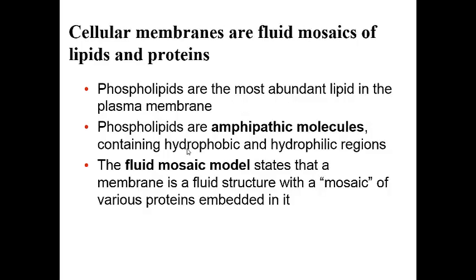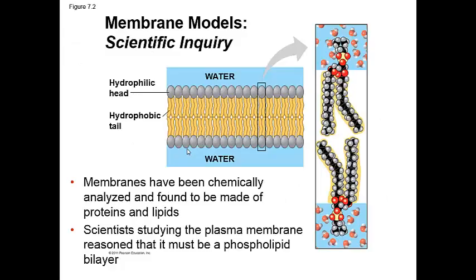The cell membrane is a fluid mosaic of lipids and proteins. The most abundant lipid making up the cell membrane is the phospholipid, and the phospholipid is an amphipathic molecule. To be amphipathic means that you have a polar or hydrophilic region and a nonpolar or hydrophobic region.